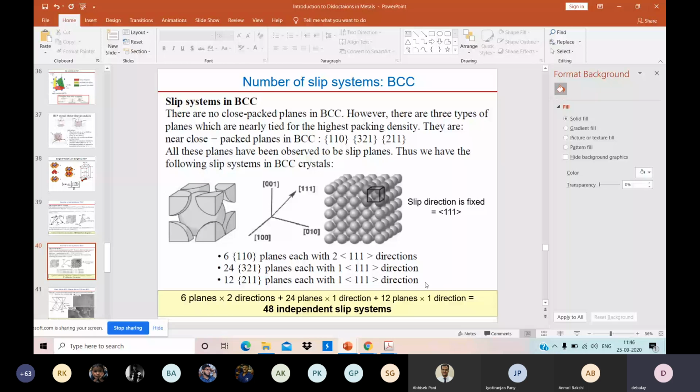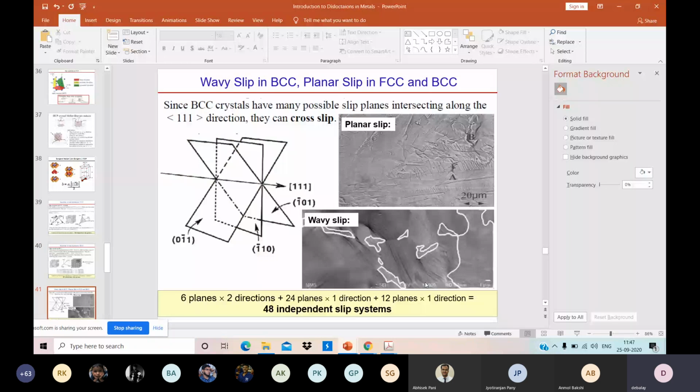And often it happens that if not 110, other planes also come into play in slip. That's why more than one slip system participates, not just a predominant slip system. So the slip is called wavy slip. In FCC, we find the slip steps forming inside a grain are mostly parallel, because one set of slip systems is good enough to take care of the entire deformation.